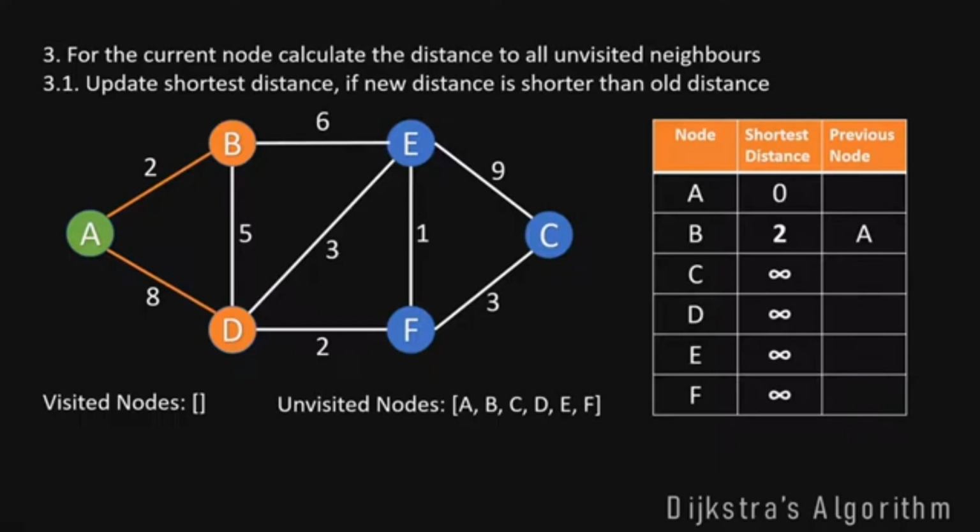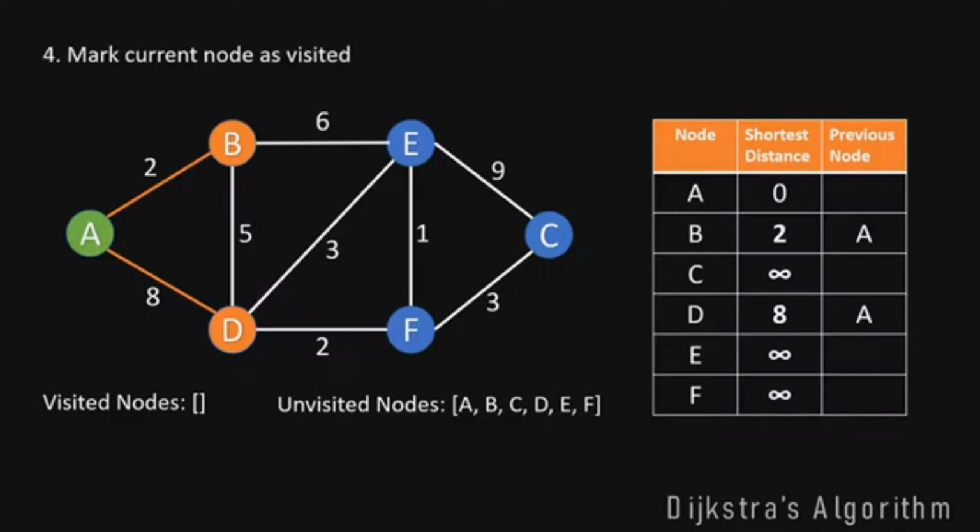So we can update the distance from A to B to 2 and store A as the previous node in our table. The same applies to node D. We can update its shortest distance to the value of 8, with A as the previous node.